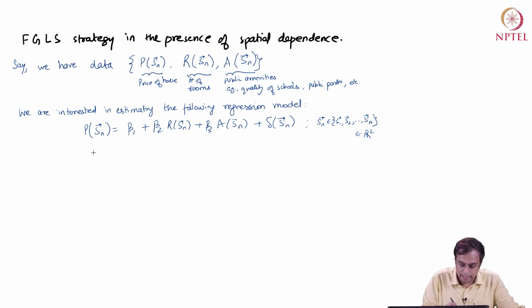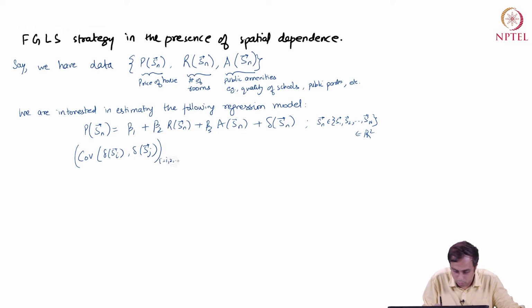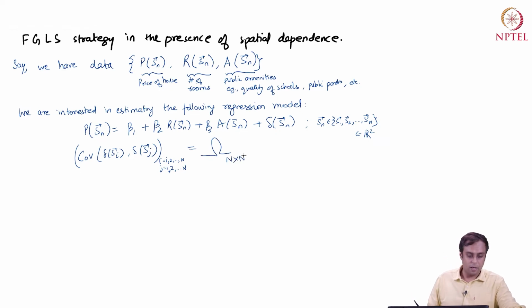And we also know that this is not the complete model. The complete model is that the covariance of delta at s_i and delta at s_j, where i could go from 1 to n and j could go from 1 to n, is a general variance covariance matrix omega, right?